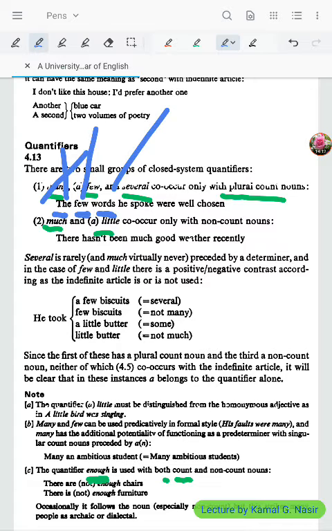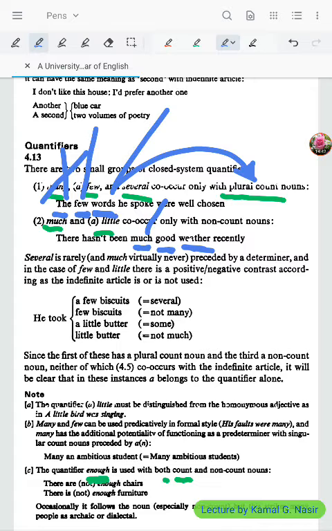There hasn't been much good weather recently. Words is a plural count noun. There hasn't been much good weather recently. Where is the head noun? Weather is the head noun. Good is an adjective. Much is a quantifier, and it is a post determiner.